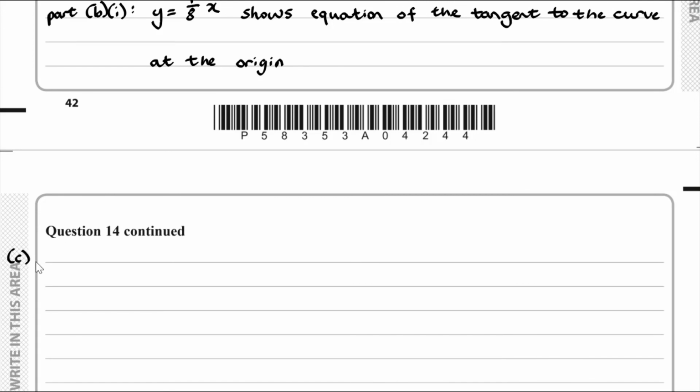So for part C, we begin with x equals 4 times the sine of 2y, and therefore x squared is equal to 16 times the sine of 2y squared. And therefore the sine of 2y squared is equal to x squared over 16.